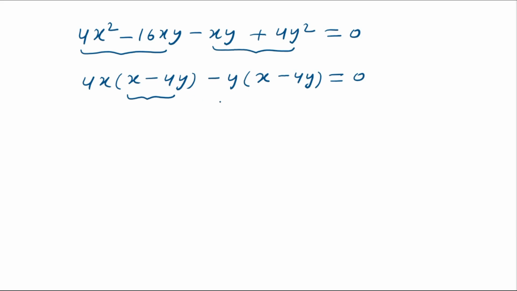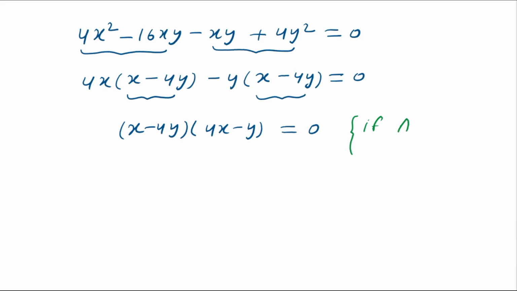Here x minus 4y and here x minus 4y. If we take common x minus 4y, then you will get here 4x minus y, and this is equal to 0. We will apply this rule: if a times b is equal to 0, this implies a is equal to 0 or b is equal to 0.